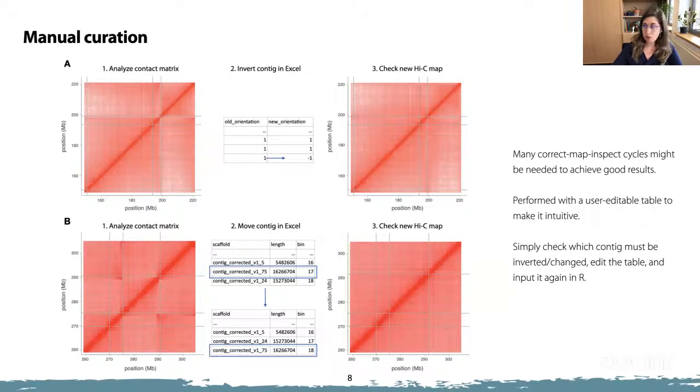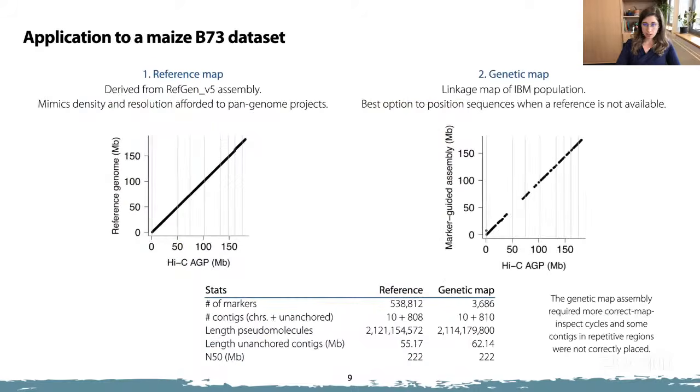All right, then, like I said in the beginning, there are two main options you can use to assemble your genome with Tritex. One is using a reference genome as the guide map.